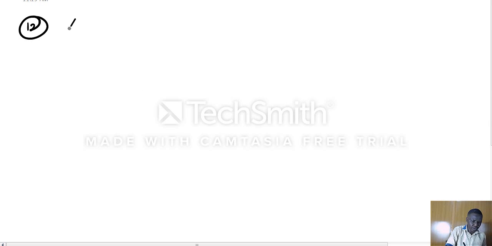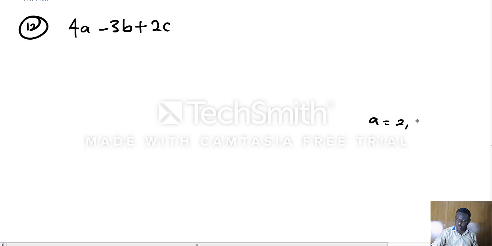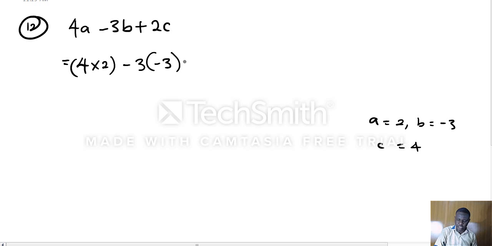Number 12 says 4A minus 3B plus 2C. Remember our values of A, B, and C. A is 2, B is minus 3, while C is 4. So when you substitute that into this, you are going to have 4 times 2 minus 3 times minus 3 plus 2 times 4.